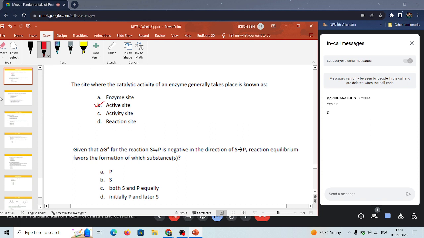It will be basically P, because your reaction is very feasible. Negative means your reaction is feasible enough, and the direction is also given, substrate to product. So in this direction the reaction is feasible, and the product will form in more amount. So the product will be in more concentration if delta G is negative in this direction, S to P.